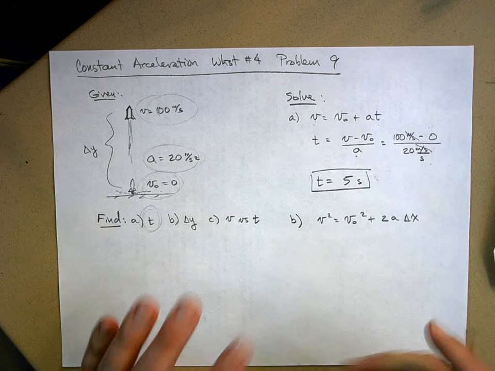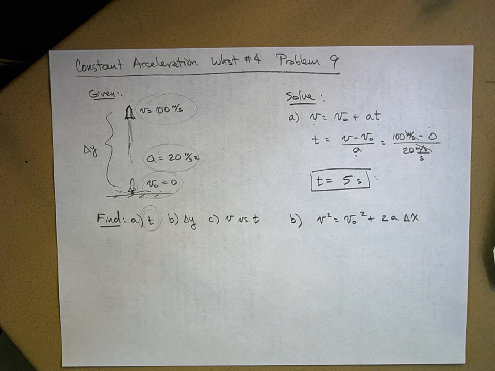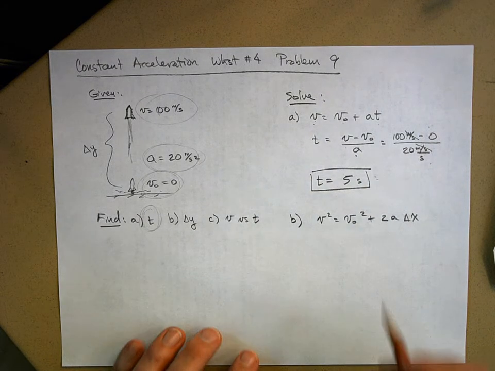Now when you're working these problems, have your little equation sheet there so that these equations are handy. I've been teaching physics for a quarter of a century, so I have them memorized. You should have your little formula sheet there with you when you're doing your homework.